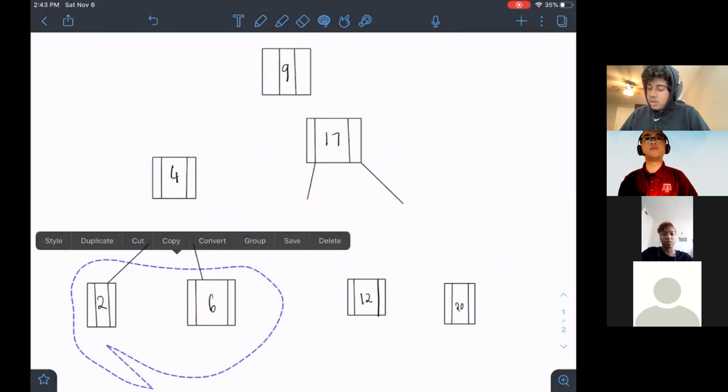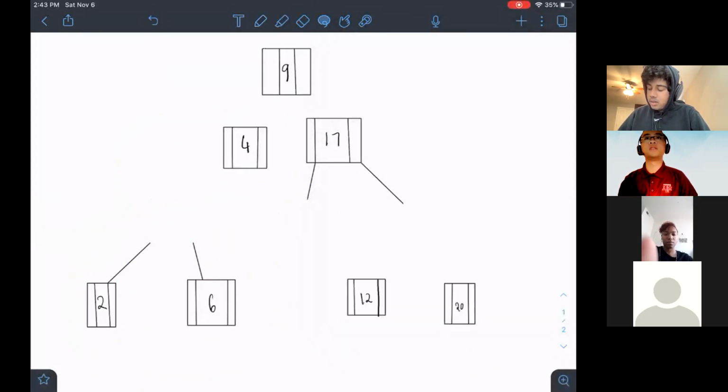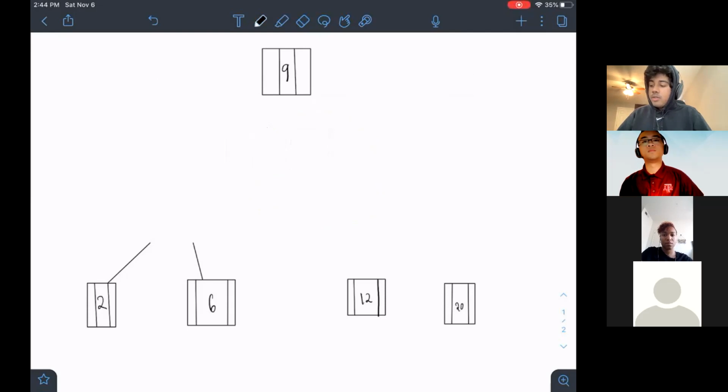So 6 and 12 would be the same node, and then 2 would be at the left of 4, 17, and 20 would be the right of 17. I guess you can. Okay, I'll just start over.